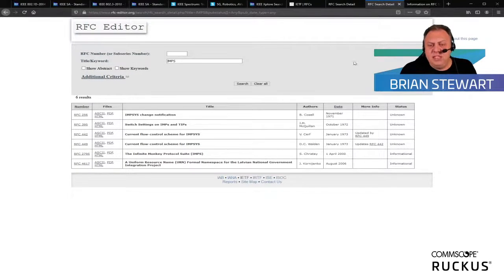So there are a lot of RFCs that are also informational as well. If someone wants to go out and read an RFC just to get familiar with how RFCs are broken up and what type of information is included, a great one to read is RFC 2795, which is on the Infinite Monkey Protocol Suite, or IMPS.